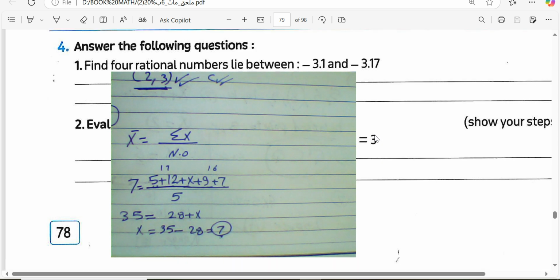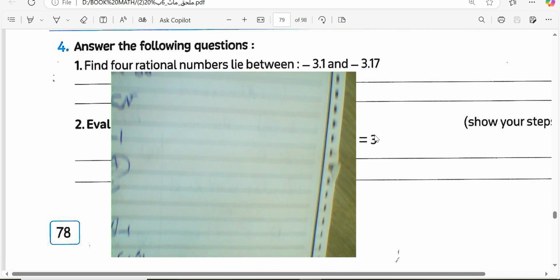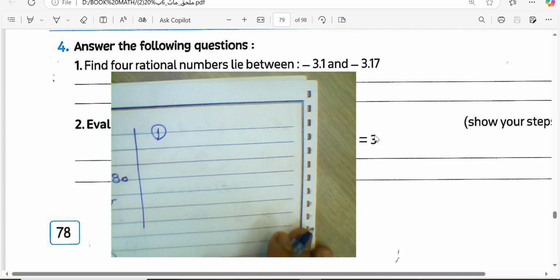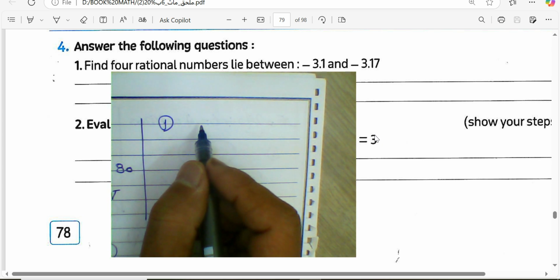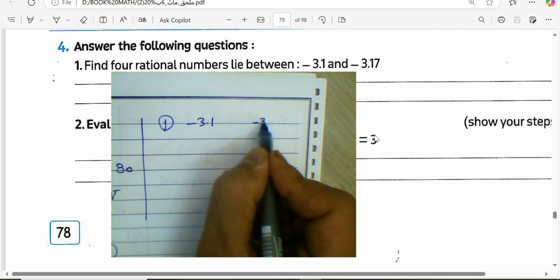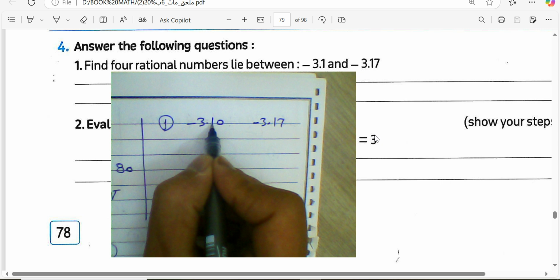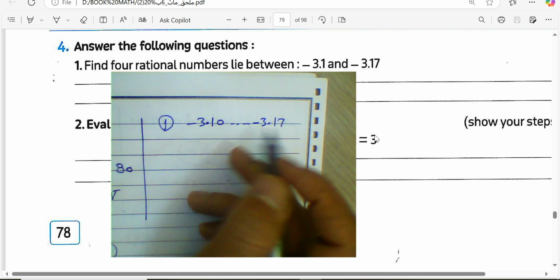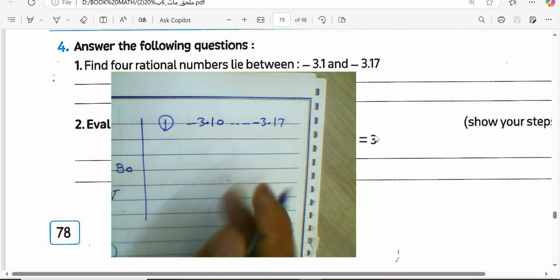Number 4. Find the solution of the questions. Number 1. Find 4 rational numbers that lie between negative 3.1 and negative 3.17. We must make equal parts. Put 0 here to make equal parts, and you can find a lot of numbers that lie between them.